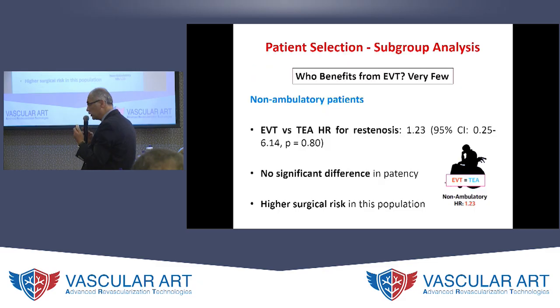Patient selection, what did the study show in terms of patient selection? The only group that has been shown to benefit from endovascular therapy of the common femoral artery are those non-ambulatory patients in whom there was no significant difference in patency and open surgery was a challenge.